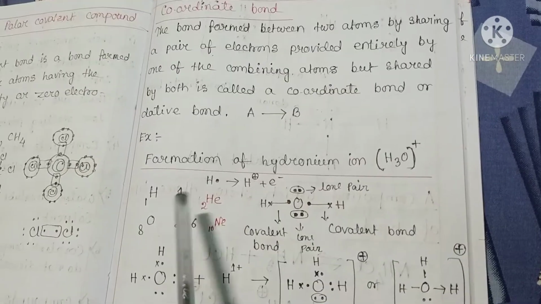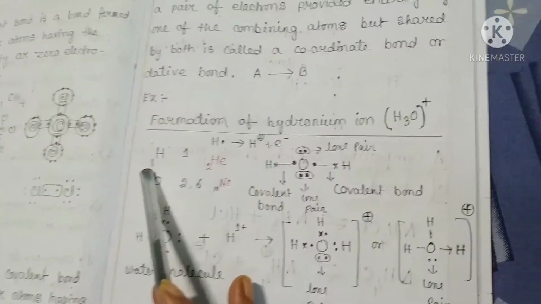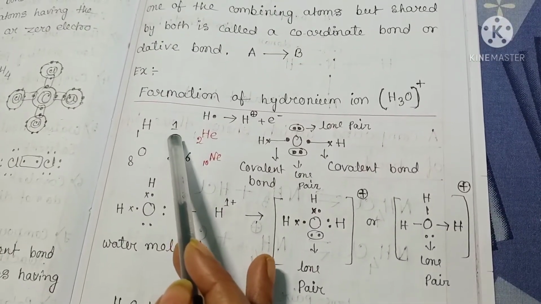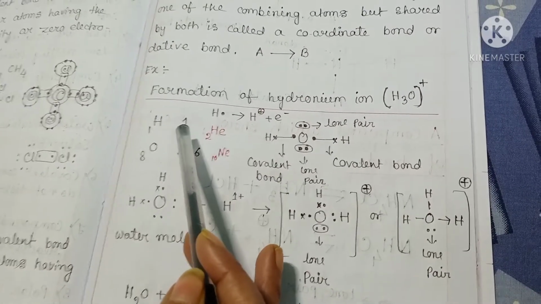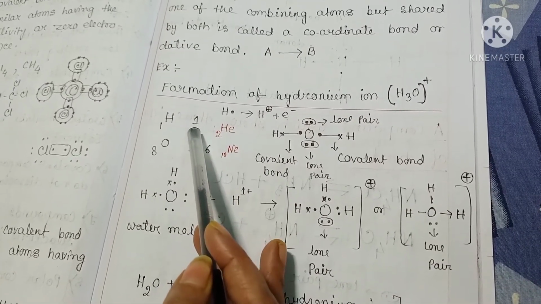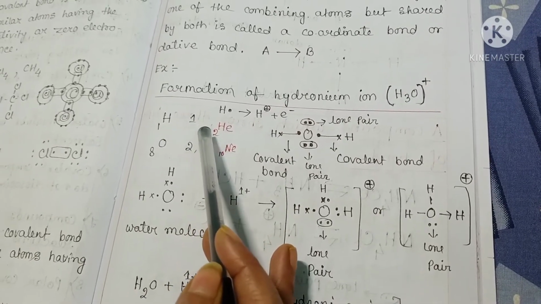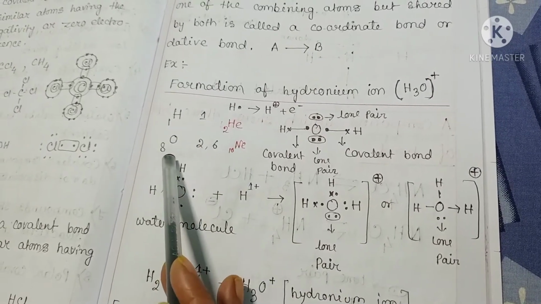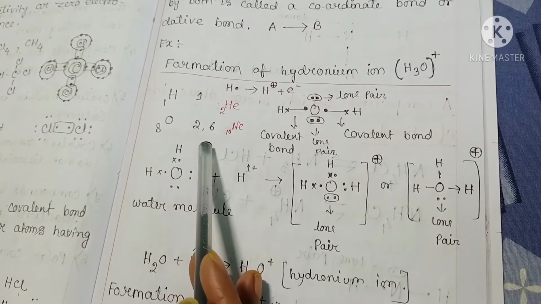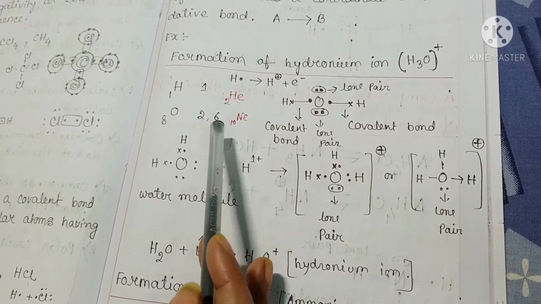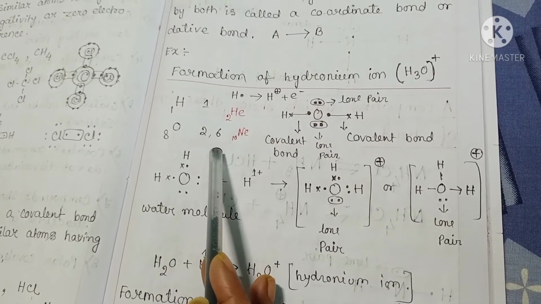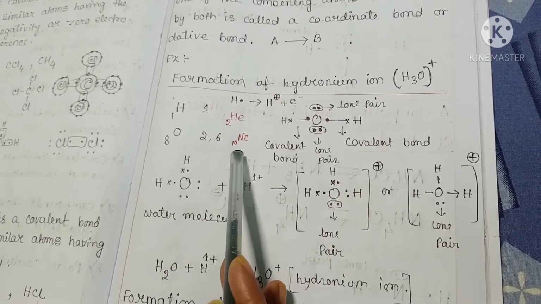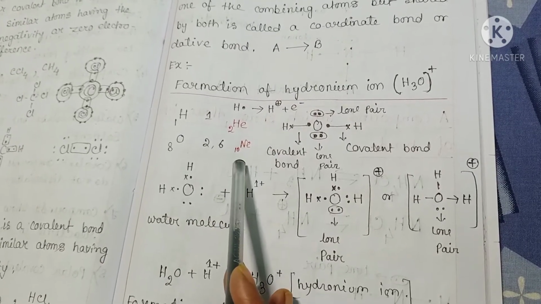In the case of hydrogen, atomic number 1, the electronic configuration has one electron in the first shell. So it needs one electron to complete its duplet and acquire the configuration of the nearest noble gas, helium. And in the case of oxygen, the electronic configuration is 2,6. Therefore, it needs 2 electrons to complete its octet and acquire the configuration of the nearest inert gas, neon.